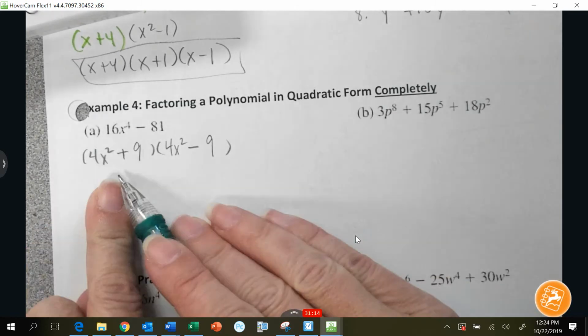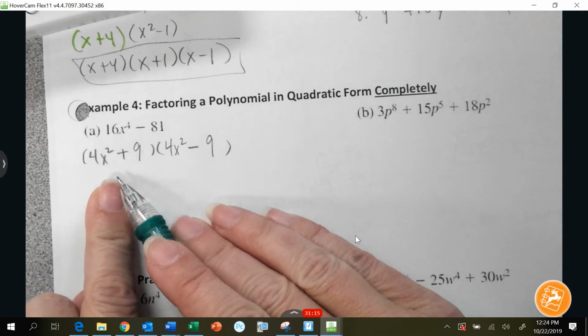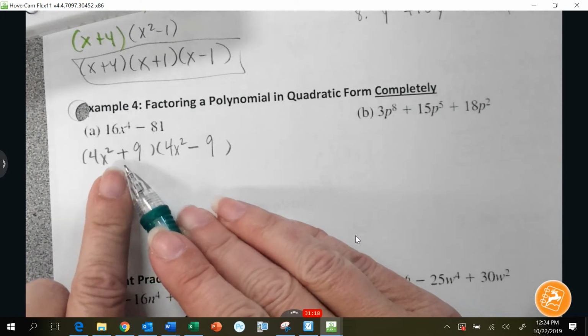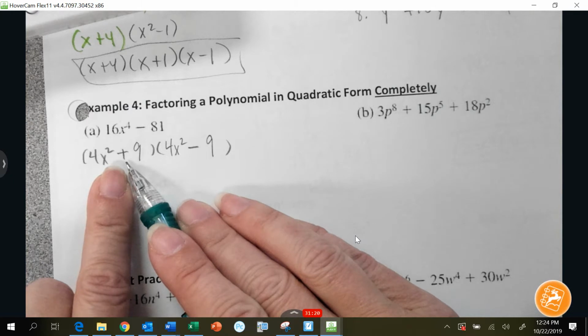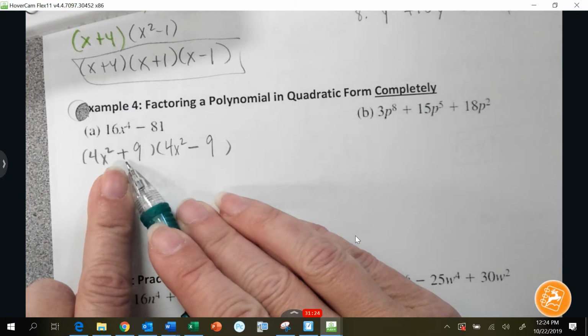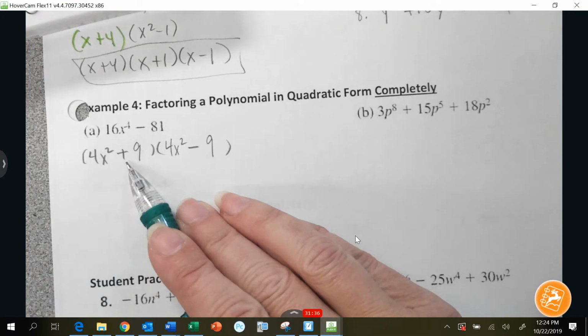Can I factor 4x squared plus 9 any further? Should I split this one up? Darren, why do you think no?